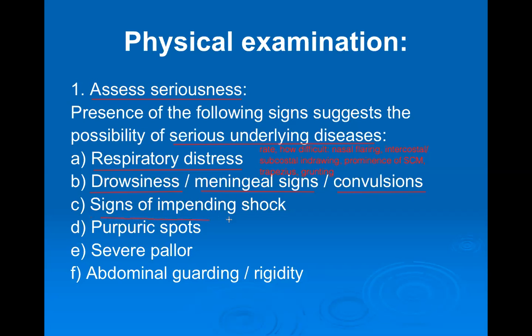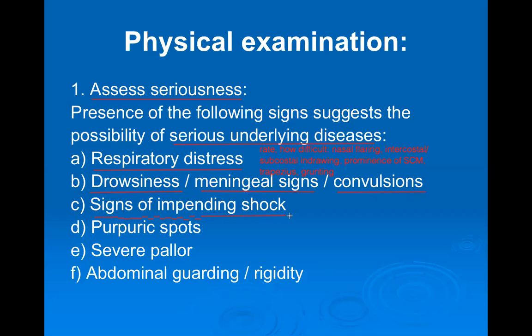Check for the signs of impending shock. Signs of impending shock means upcoming shock. Till now, the child is not in complete shock, but the signs are almost there. So tachycardia, prolonged capillary refill time. These are very important features. Drowsiness is another important feature of shock. Decreased urine output is another important feature.